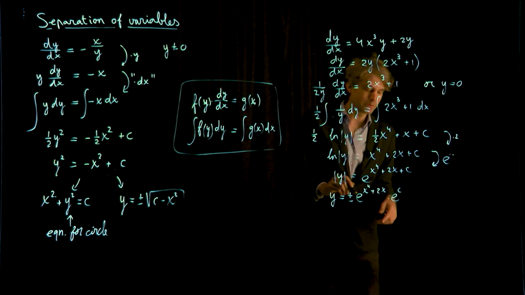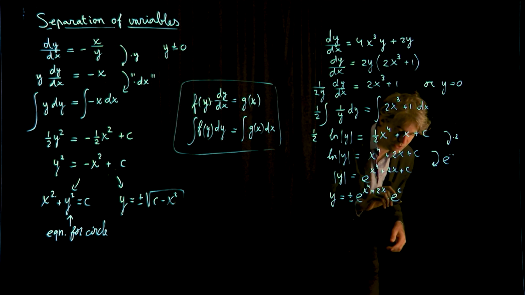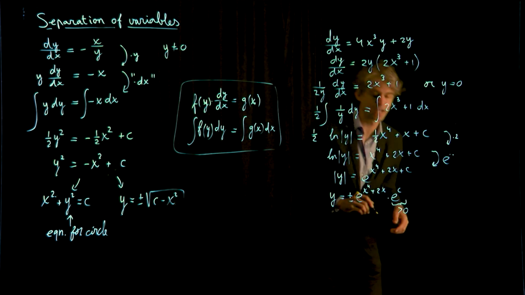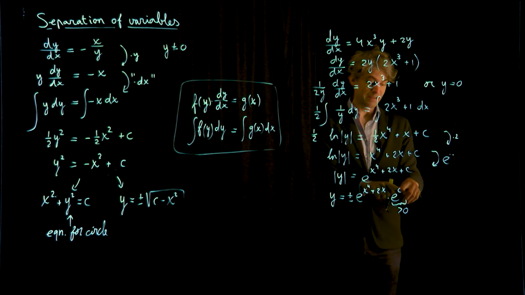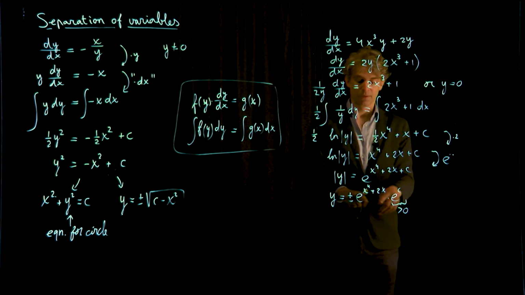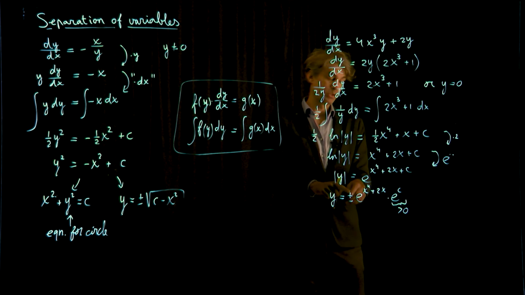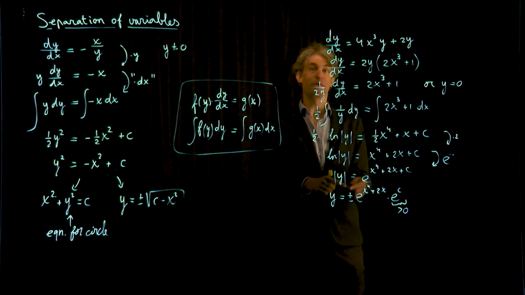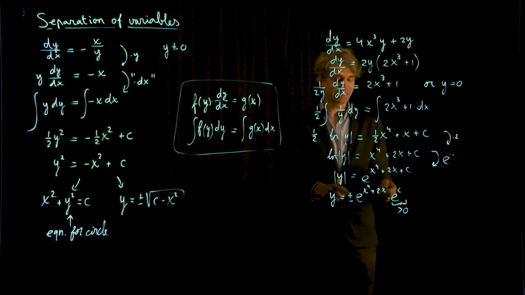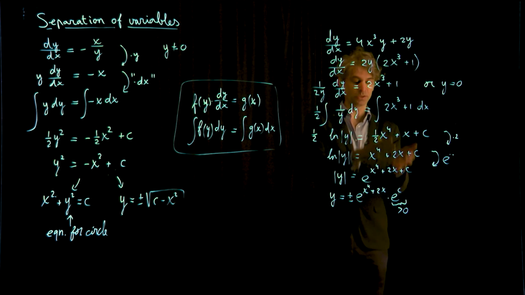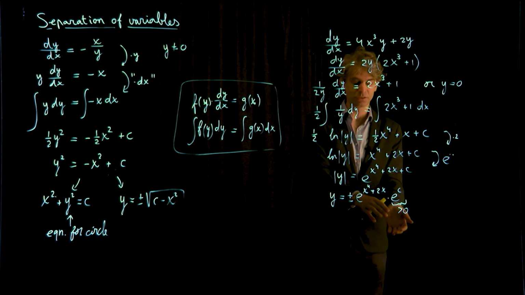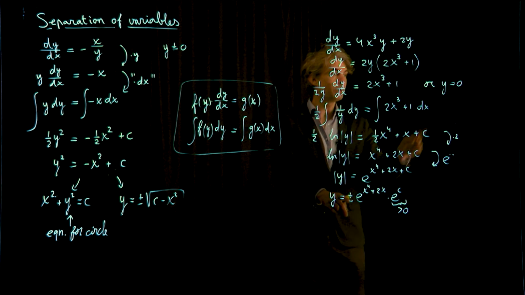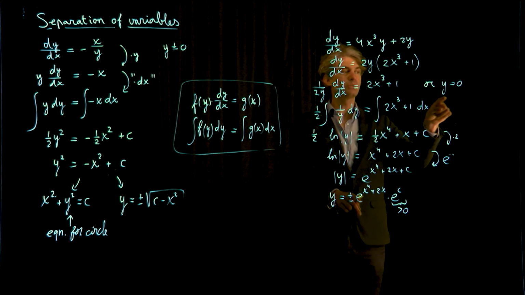Now, e to the power of c is, of course, positive. It's still a random constant, but it's positive. Here we have solutions with a plus and solutions with a minus. So we have a whole range with positive constants and, if we take the minus, a whole range with negative constants. However, we also have the solution y equals 0.